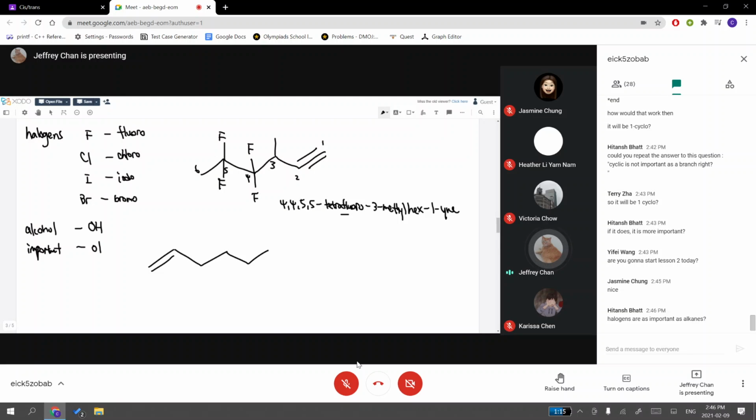Let's do a double bond here. Let's have an alcohol here. Let's have, I don't know, methyl group here. So here, even though the double bond is at 1, if you start counting from left to right, you have to start counting from right to left because it is more important. So you want to go 1, 2, 3, 4, 5, 6.